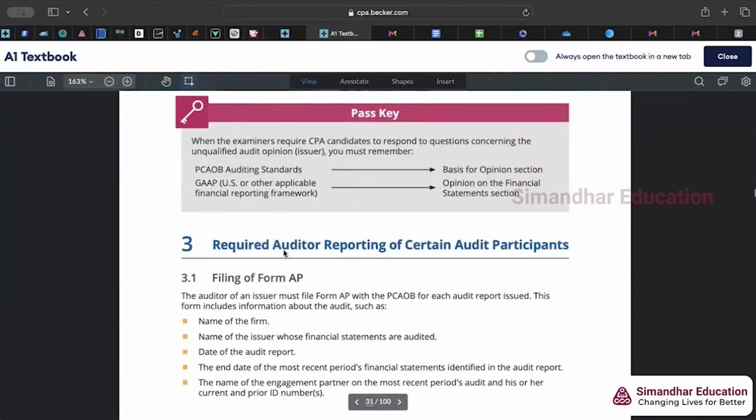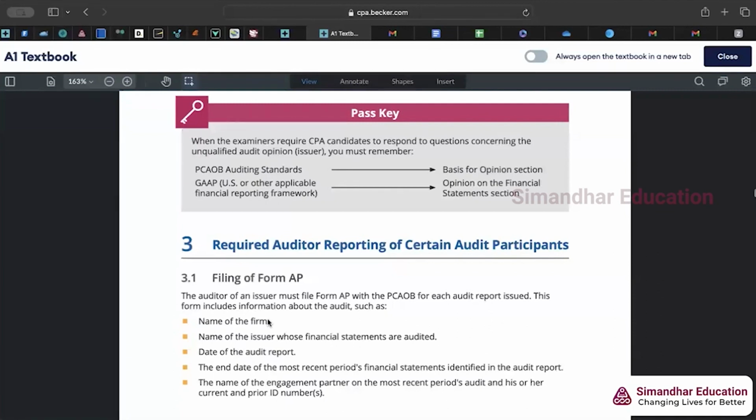Okay, required auditor reporting for certain audit participants. Every auditor who is issuing a report for an issuer needs to file Form AP with the PCAOB for each audit report issued.